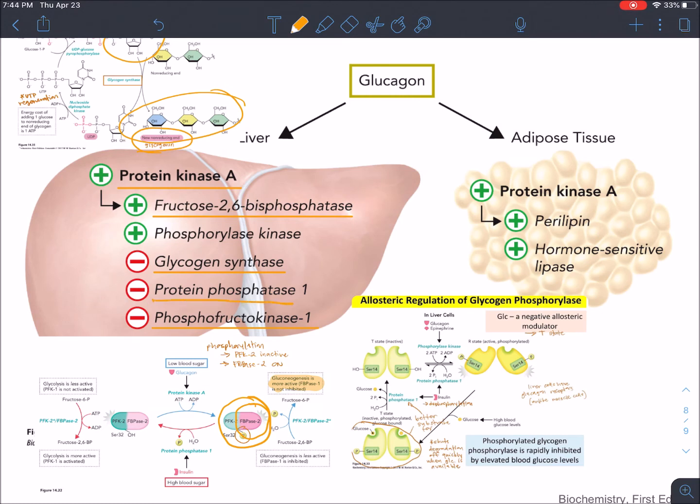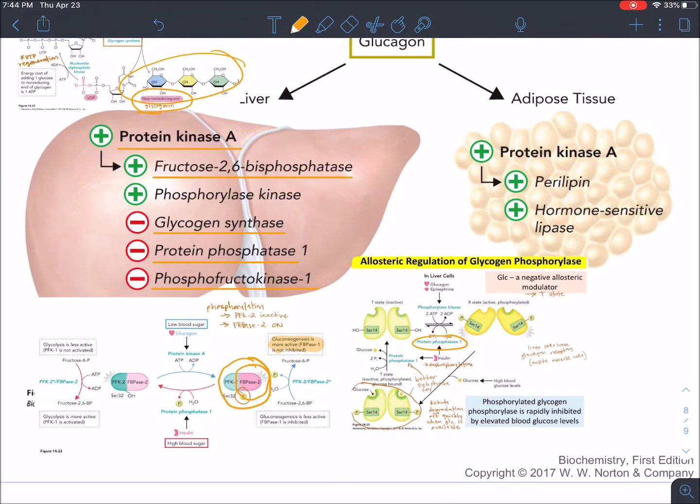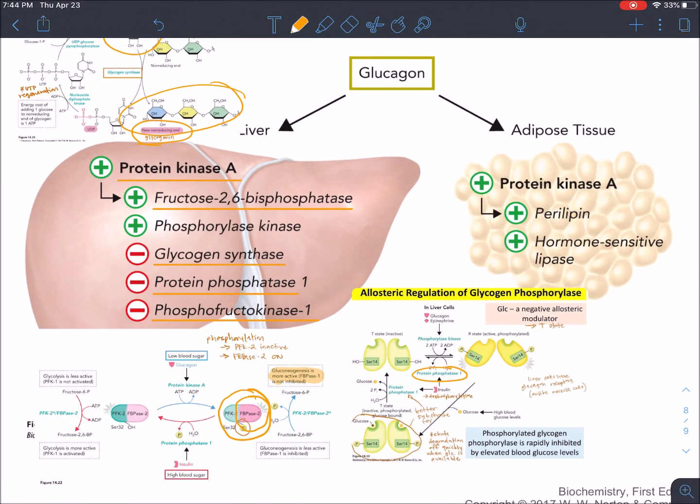Protein phosphatase 1 is also inhibited, meaning that glycogen phosphorylase will not be dephosphorylated, as we see here. And that means that glycogen phosphorylase will be activated. So glycogen phosphorylase will be able to remove the glucose from glycogen through glycogenolysis, and basically all of this together culminates into net glucose export.